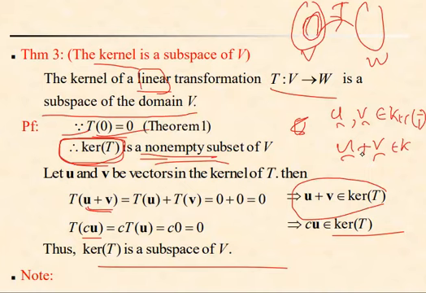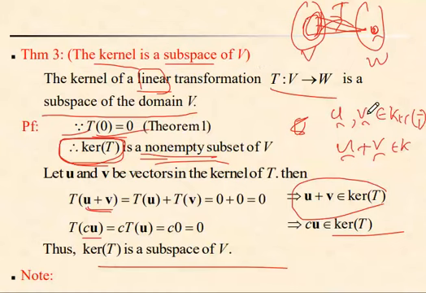Kernel means all elements that map to the zero element in W. This set is called the kernel. So we showed that this kernel set is a subspace of V.